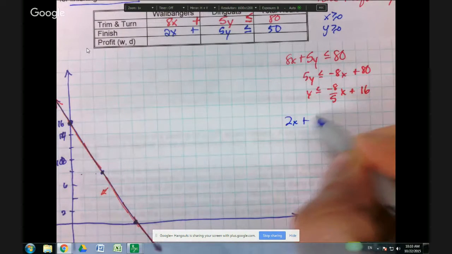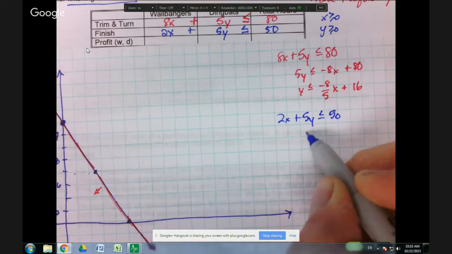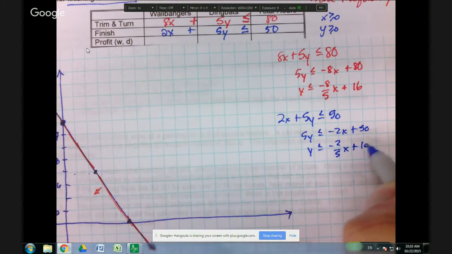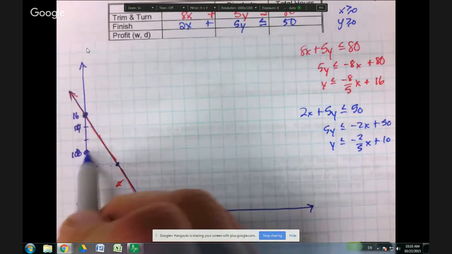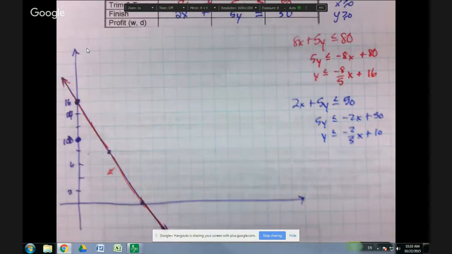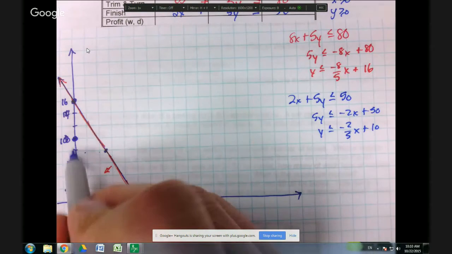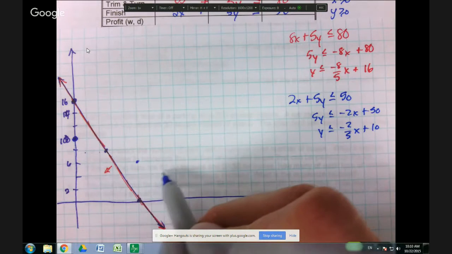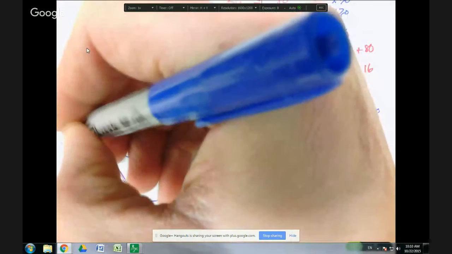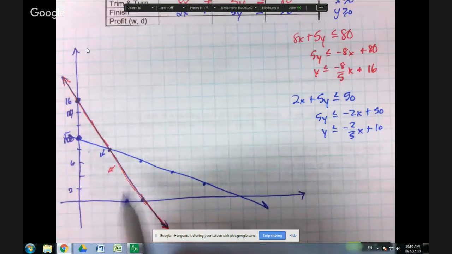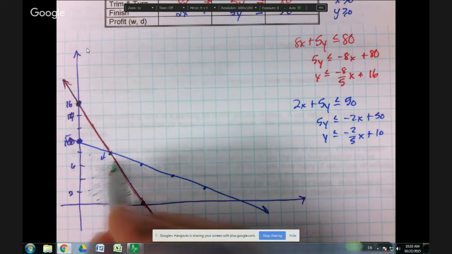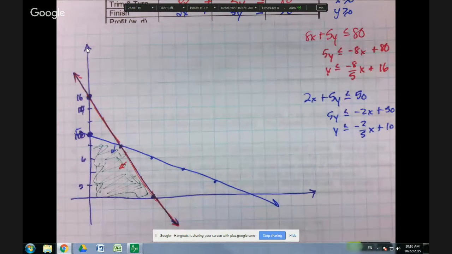And then 2x plus 5y. Okay. There's the graph.